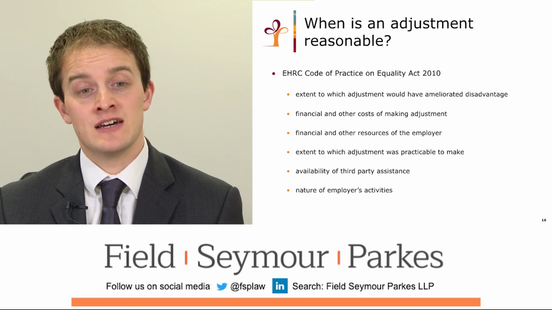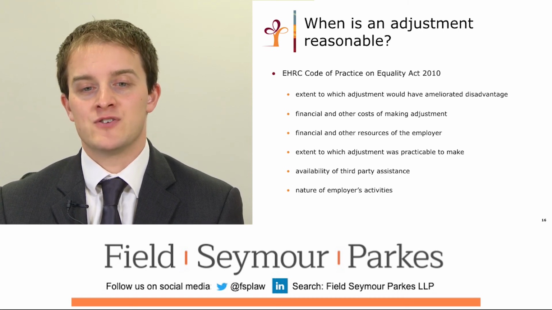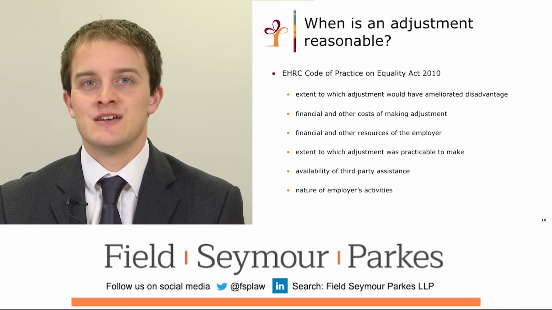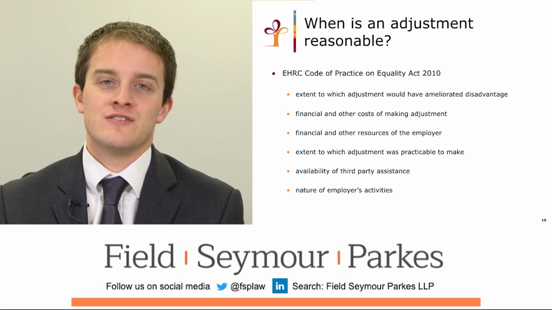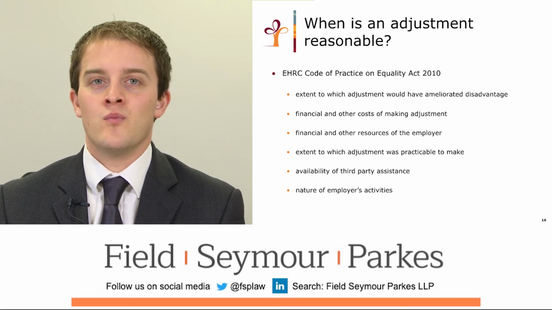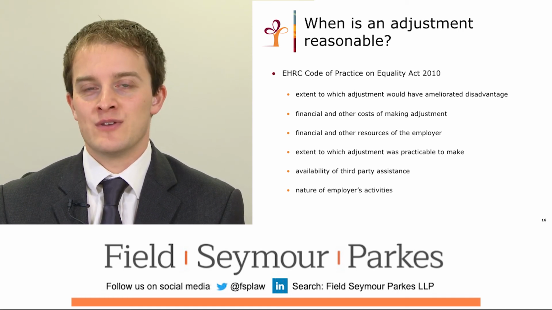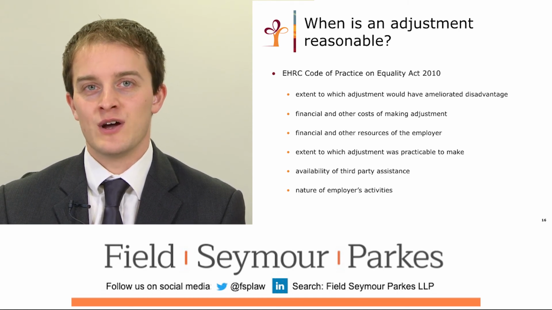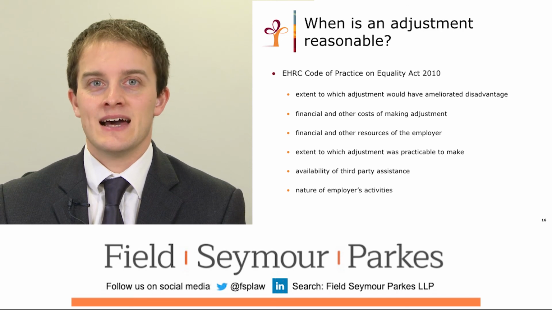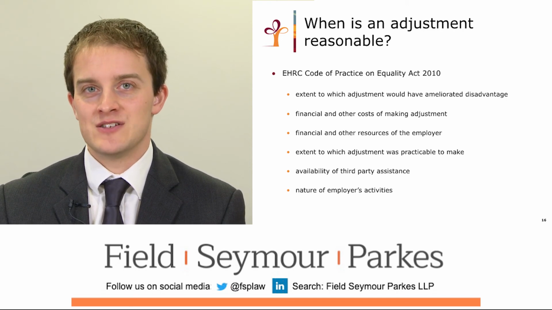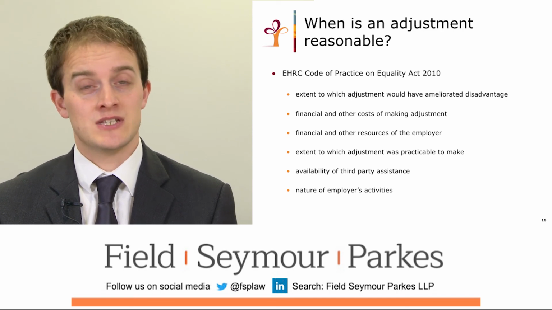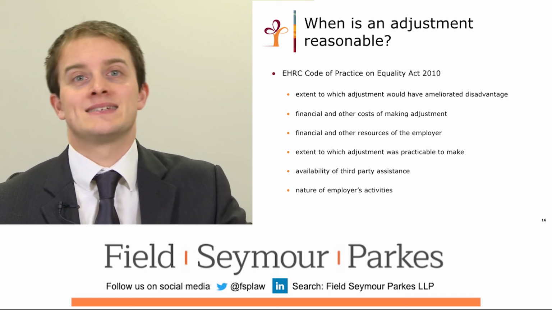And then the sixth point there, nature of employers' activities. So if somebody's off sick with an illness or injury which is very closely related to the sort of work you do as an employer, you may be expected to go further in terms of making reasonable adjustments to support that employee.